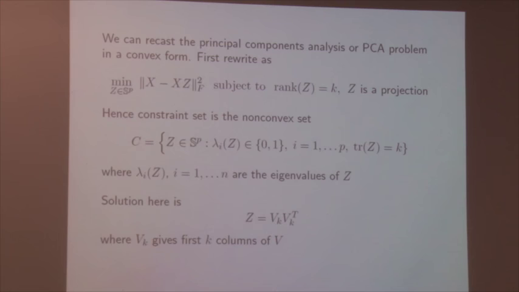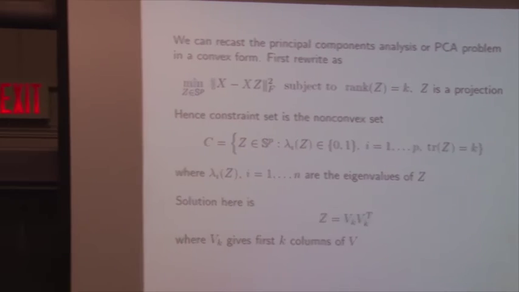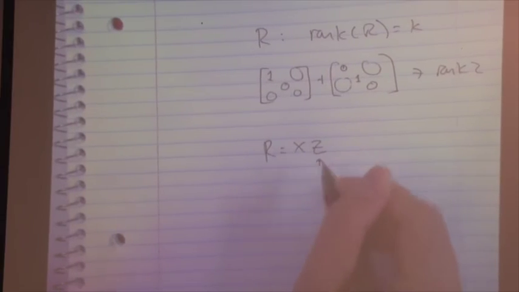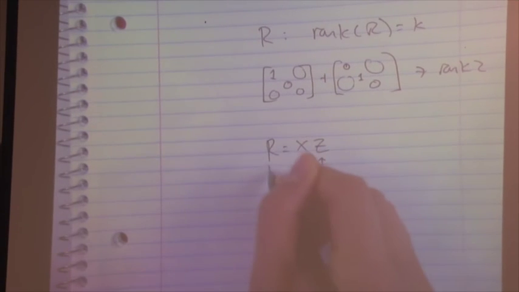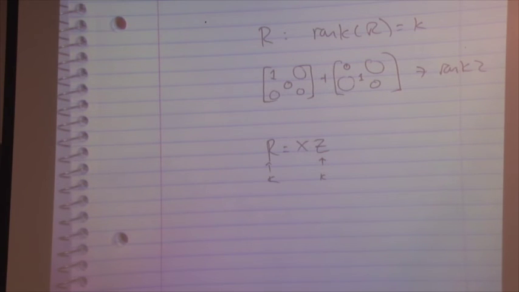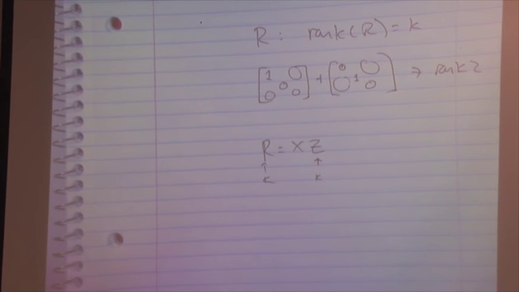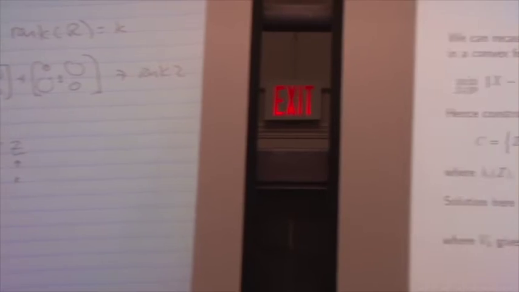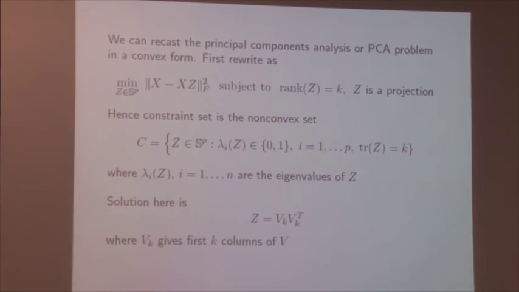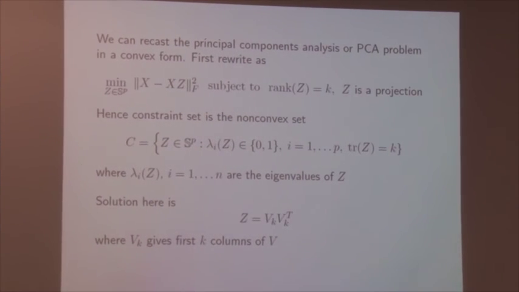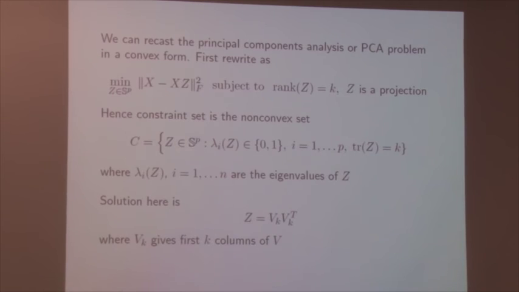And controlling the rank of z is actually sufficient, right? If R is xz, then controlling the rank of z will still get me K for R, okay? But the nice thing is when we put this in set notation, z's got to be a projection matrix. Each eigenvalue of z is going to be either 0 or 1, and then the trace of z is going to be equal to K, right?